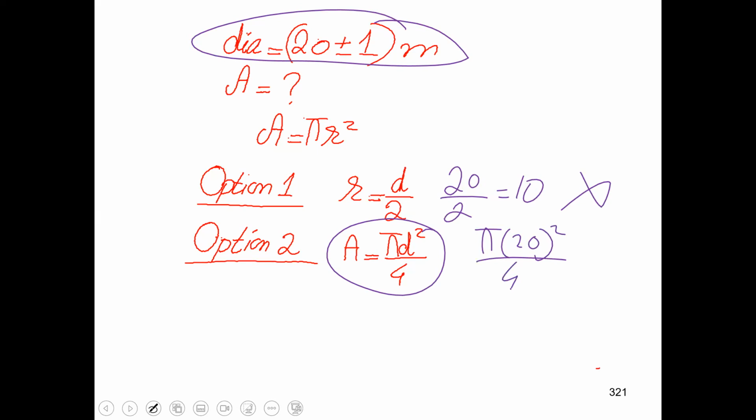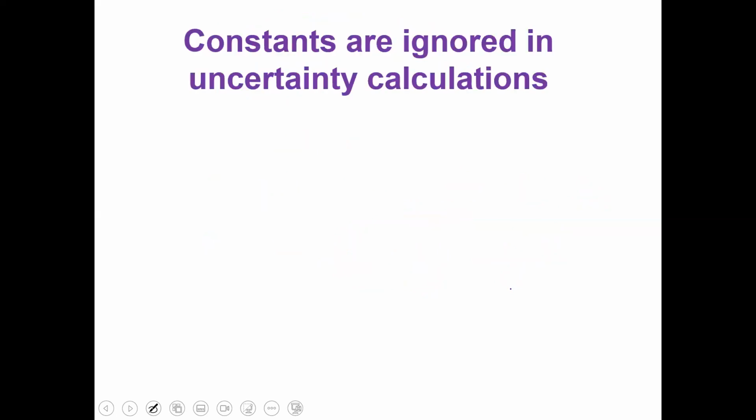So option 2 is better because it will not require a change in uncertainty. Constants are ignored. Our fourth concept for today: constants are ignored in uncertainty calculation, because in our English language, the word constant and the word uncertainty cannot go together.